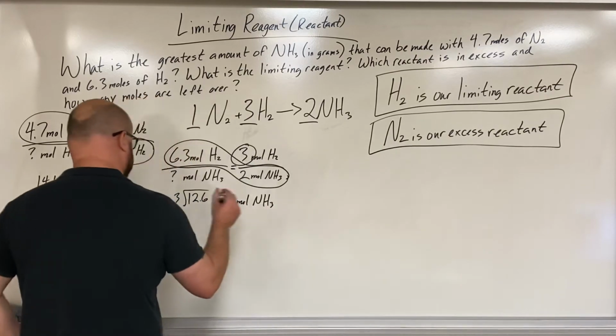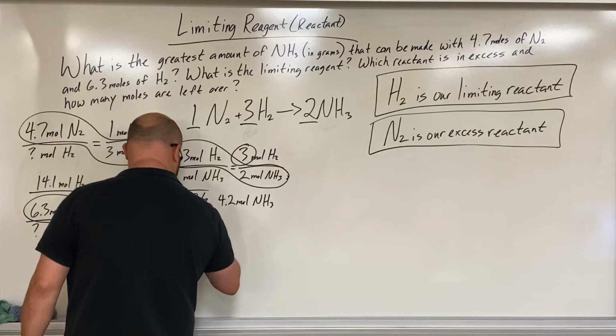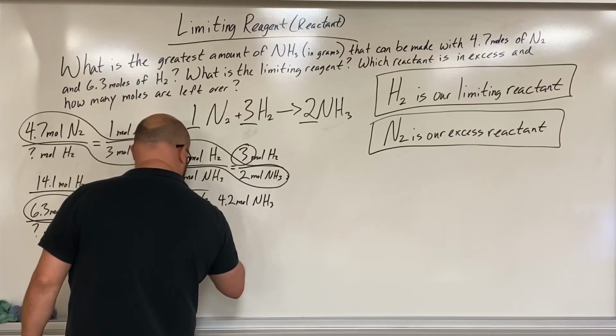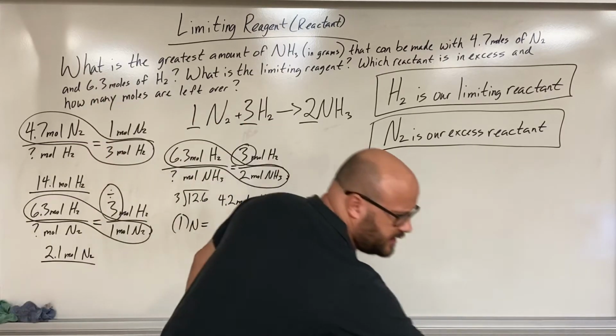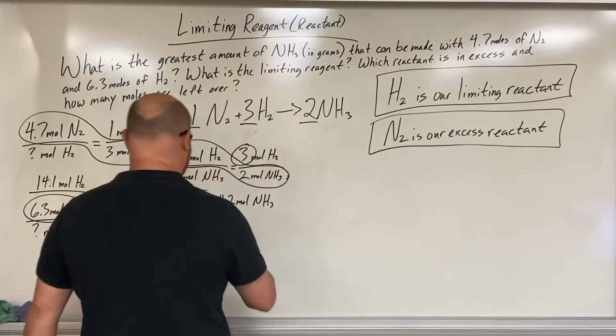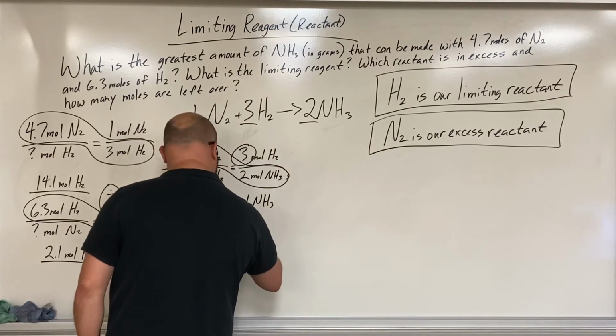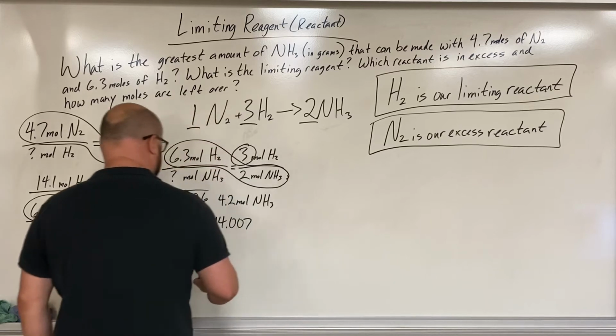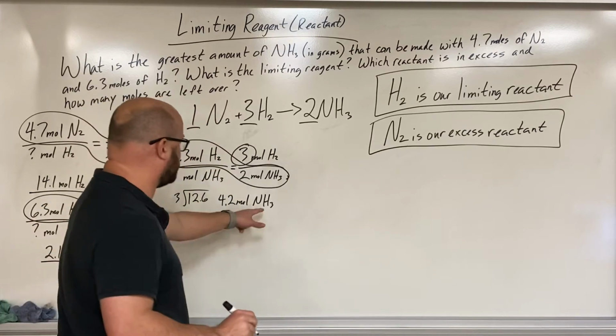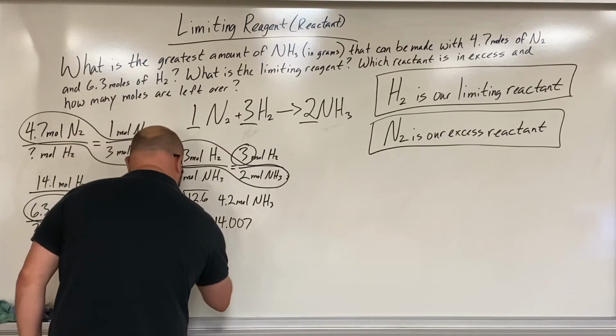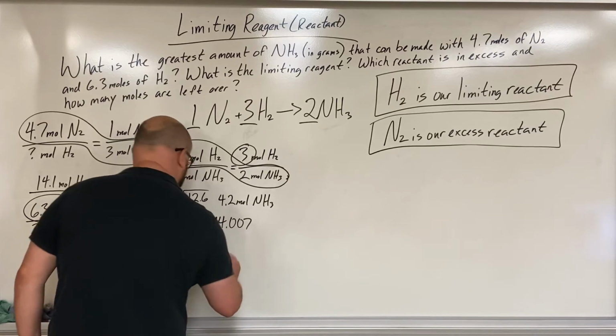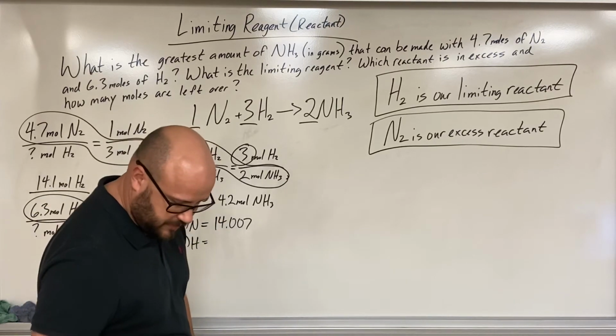Nitrogen, we just have 1, so 1 nitrogen is 14.007 grams. And we have 3 hydrogens, so 3 hydrogen. Hydrogen's 1.008.